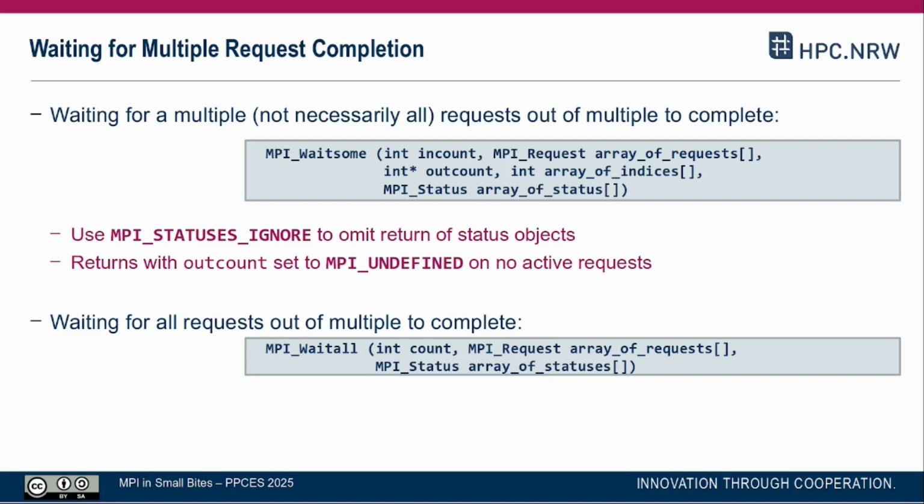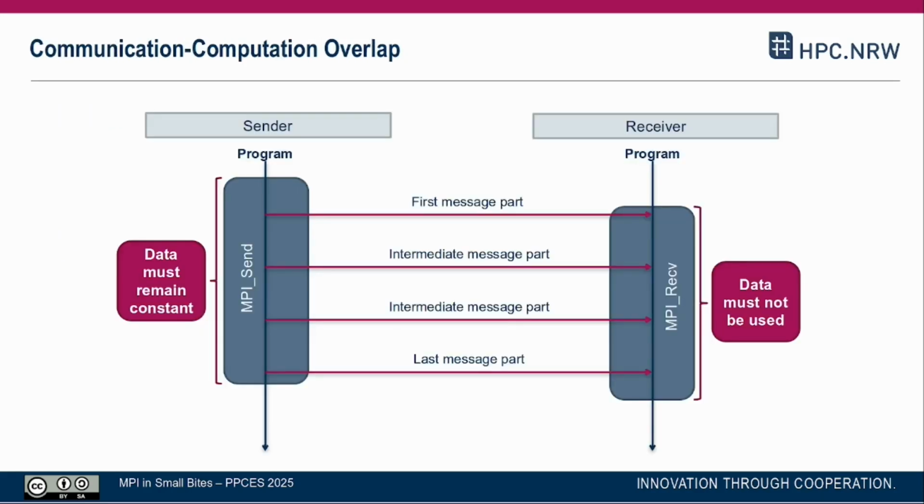The wait call is good if you just have one, but if you have more than one outstanding, looping yourself over several requests and doing a wait for each of those requests will mandate an order in which you test for completion. Using a wait any can give the implementation the possibility to complete out of your intended order of requests. Okay, so how does this look in a timeline?